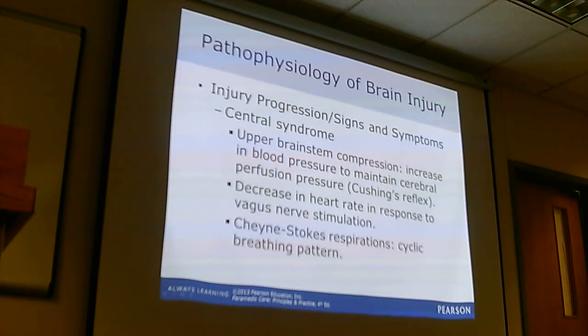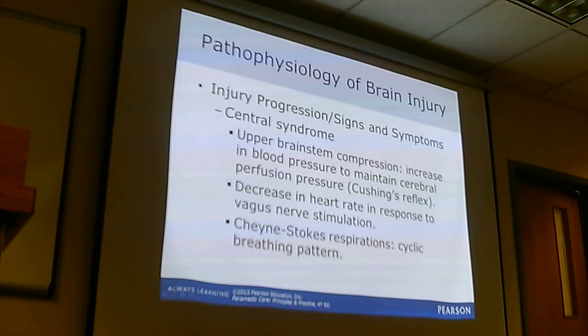Here's kind of the aspect when we talked about Cushing's reflex, and Joel was probably talking about this. It depends on where you're getting the pressure, but basically you will get different types of breathing patterns based on the type of injury, and where you're pushing on the brainstem.